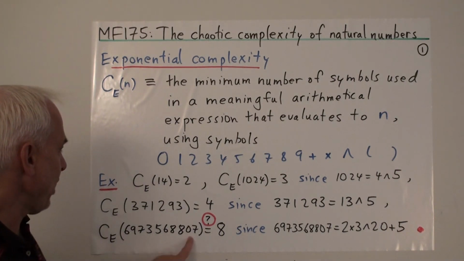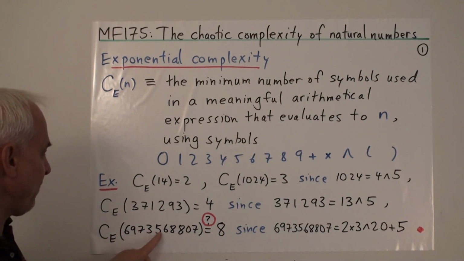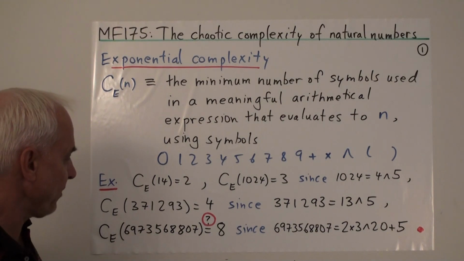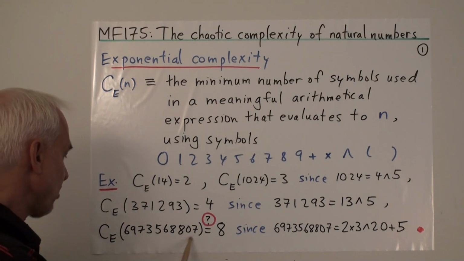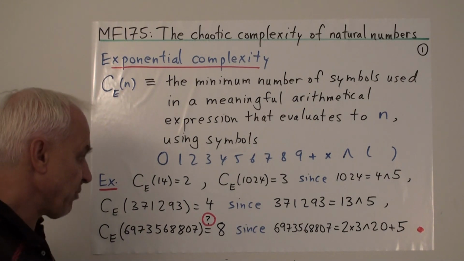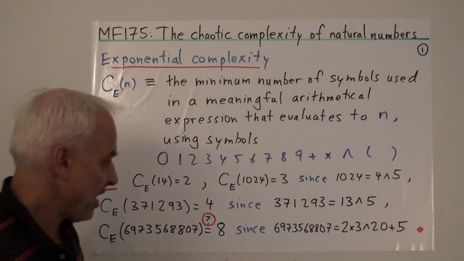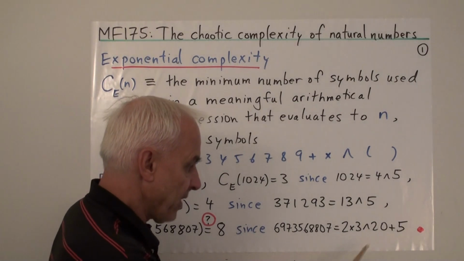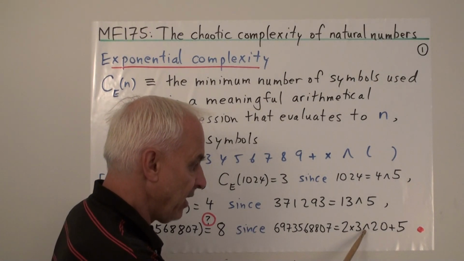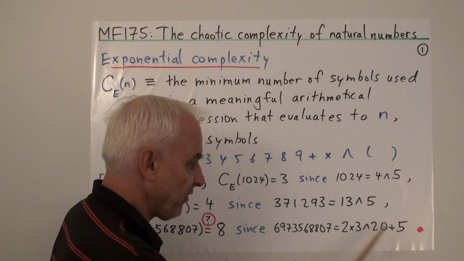Okay, what about this number here, 69735688807? Well, you might think that its complexity is 3, 6, 9, 10, but its complexity is probably 8, because we can write it this way, as 2 times 3 exponent 20 plus 5.